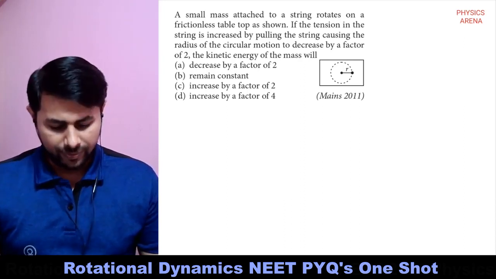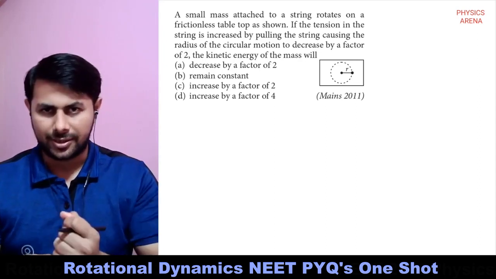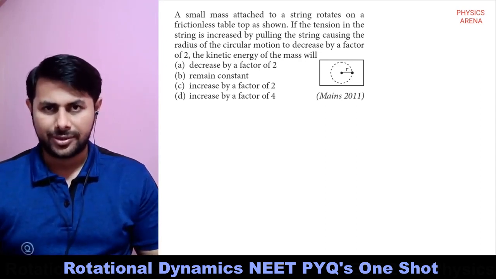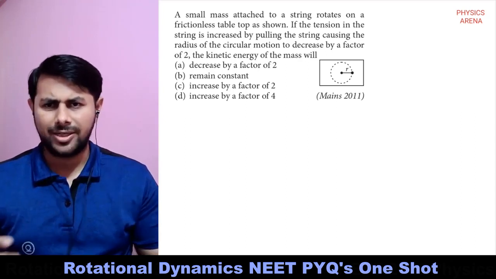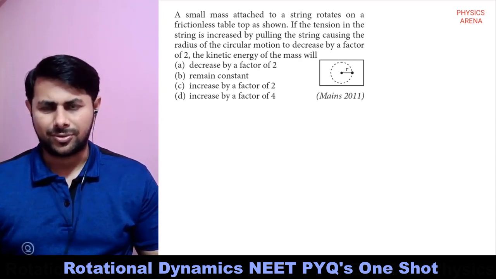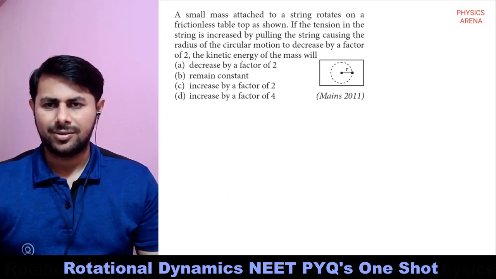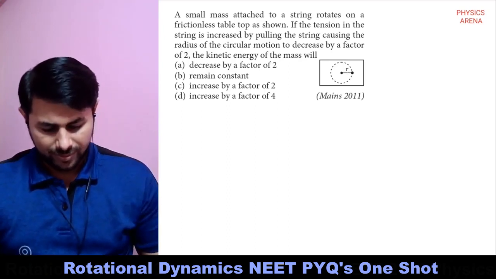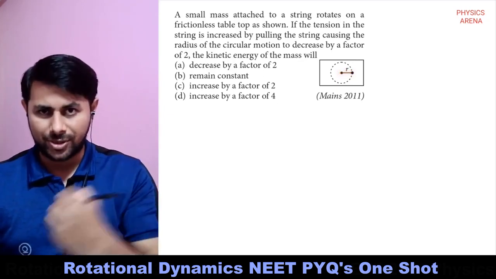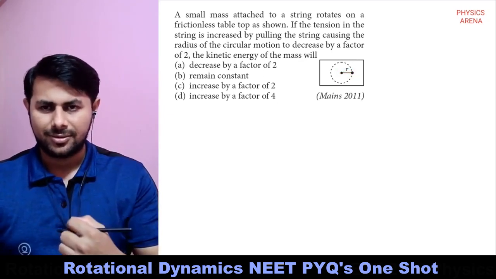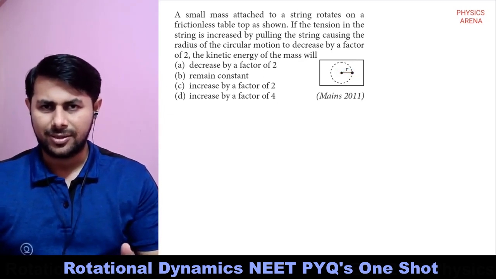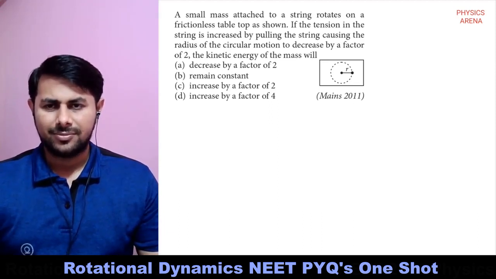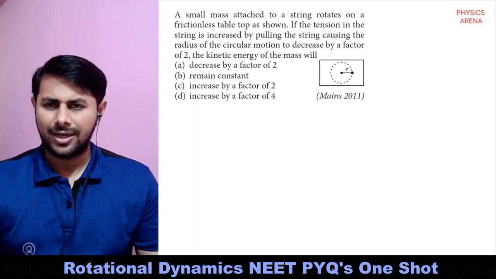Okay, so see what will happen in this question. You are pulling the string, right? So this force will be in direction of radius. Yes or no? When you pull the string, the force will be in direction of radius. Okay. So will there be a torque? No torque, right?